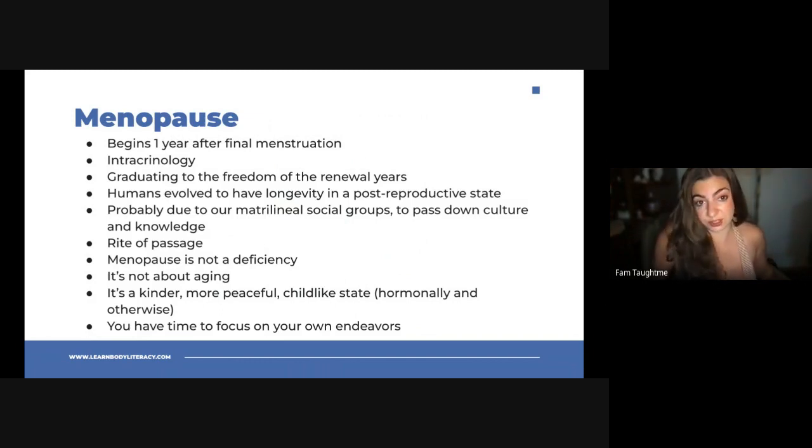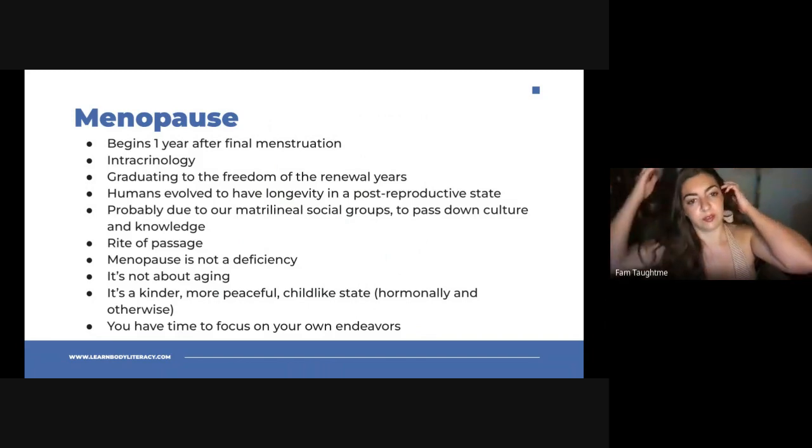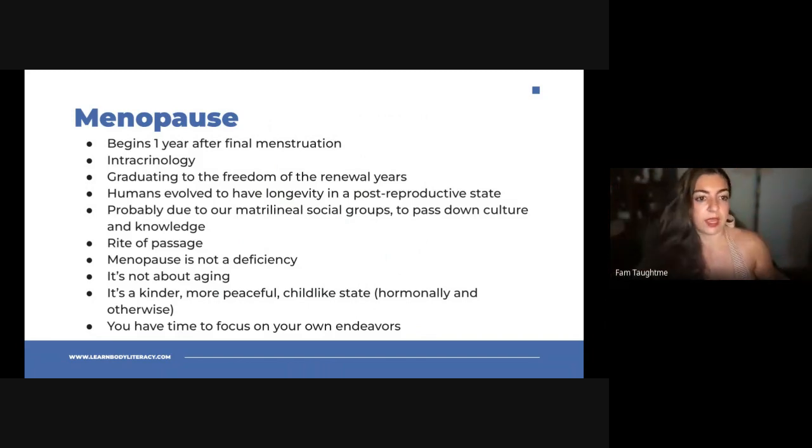So you don't actually stop needing estrogen. It's really good for your brain and your cardiovascular system. So you continue making it in smaller amounts, but you make it inside of your cells locally through this process called intracrinology.